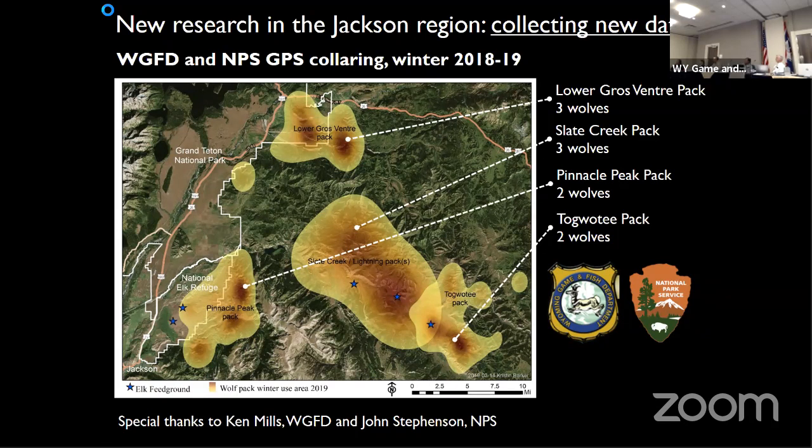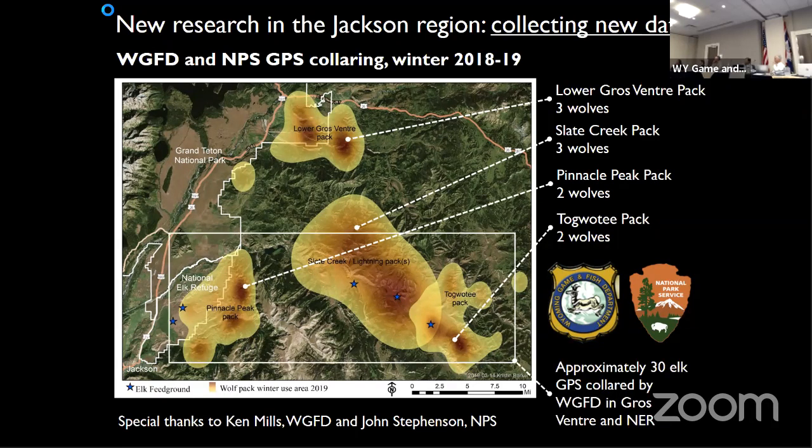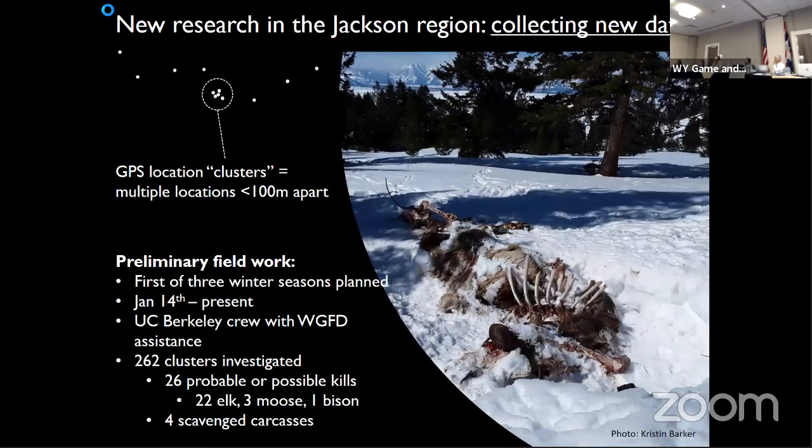And we've got field crews now, a Berkeley crew that's had a bunch of help from the Game and Fish Department, looking at these clusters of GPS locations to document predation so that we can study kill rates, prey selection, spatial patterns of risk. So they've been working since mid-January.